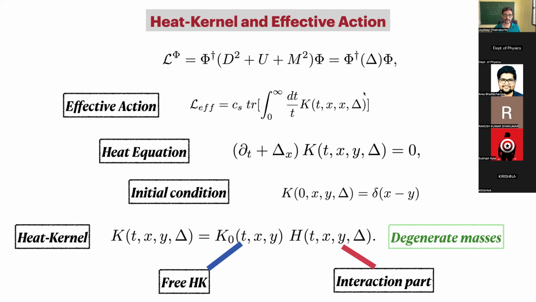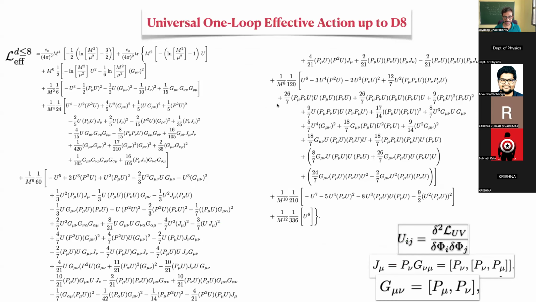When you do that, a D slash plus m plus U kind of theory, you bosonize that, and you generate a D squared plus U plus m squared kind of bosonic action. And once I bosonize that, I can rewrite the full fermionic effective action in terms of this. And then, interestingly, I can still use this formula. So though I started with a bosonic action, I can use a similar formula for the fermionic field theory.